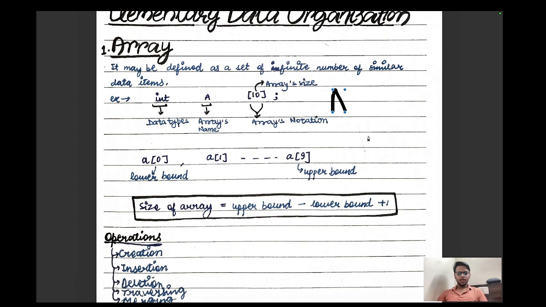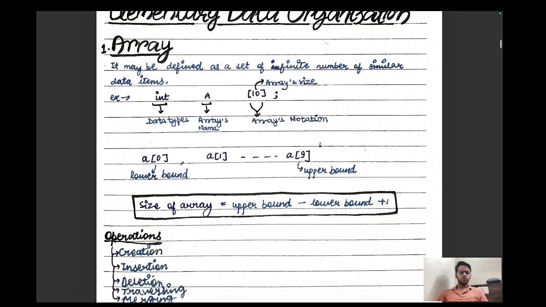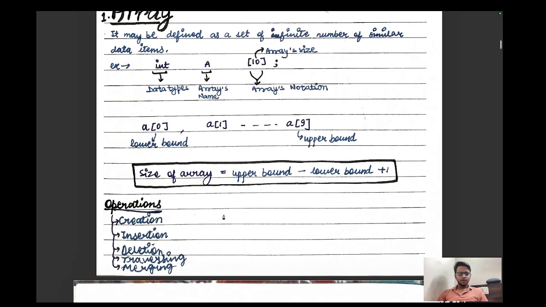Let me be more clear and tell you how to store this array. So if I write here an array which I'm giving the name A, and I'm assigning it a size of, for example, let's say 3, correct?